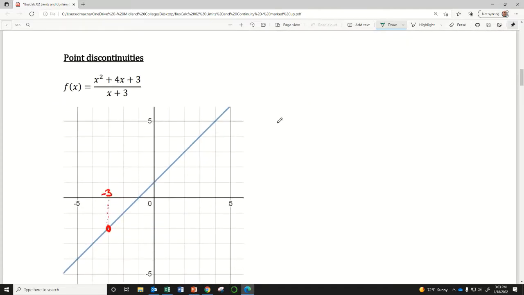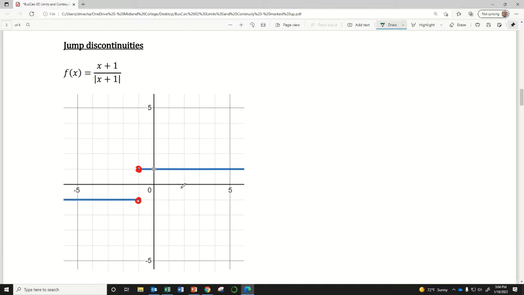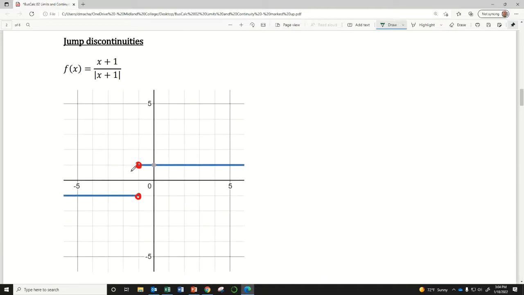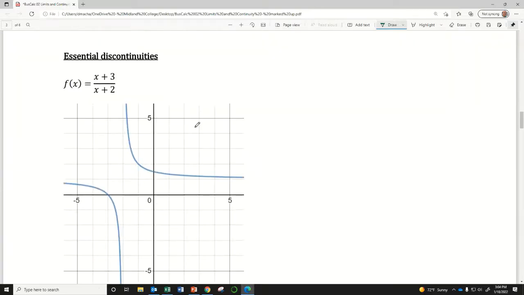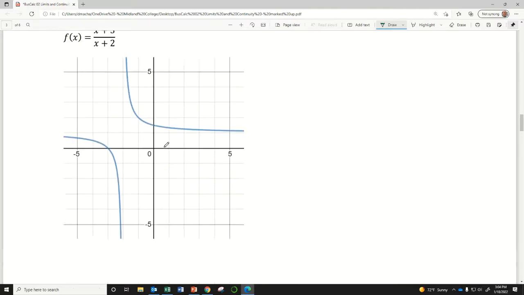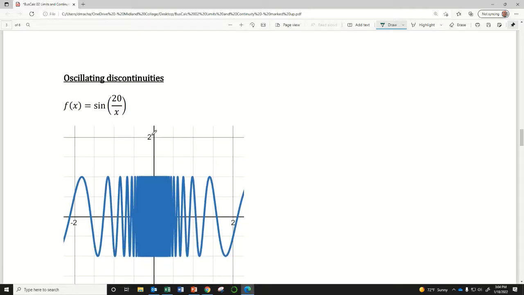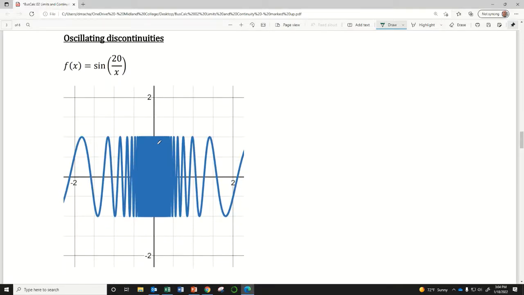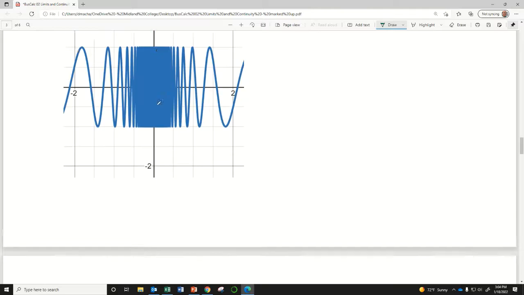Now we've already talked about what it looks like to have a point discontinuity with this example. And we've talked about what it means to have a jump discontinuity in your function using this example. We also talked about what it means to have an essential discontinuity using this example function. And we also talked very briefly about what it means to have an oscillating discontinuity.